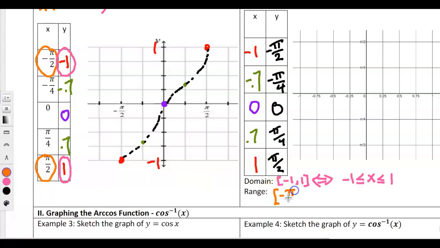It's from -π/2 to +π/2. Whoops. -π/2 to +π/2. Which is the same as y is all values between and including -π/2 and +π/2.